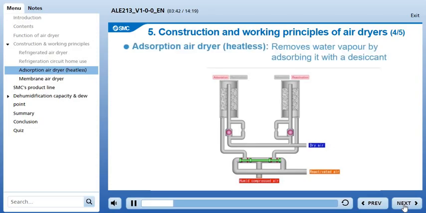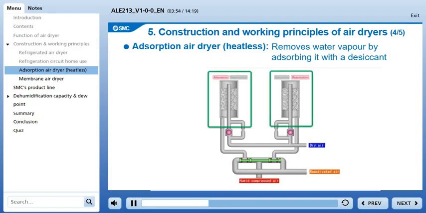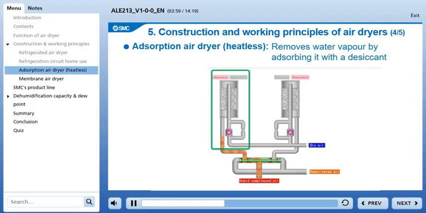Next, we will explain two other types of air dryers that use different dehumidification methods from the refrigerated air dryer. The first is the adsorption air dryer, which in this case is a heatless type. An adsorption type air dryer removes water vapor by adsorbing it with a desiccant. It consists of two adsorption tubes containing the desiccant. First, the adsorption tube on one side adsorbs water vapor and produces dry air.